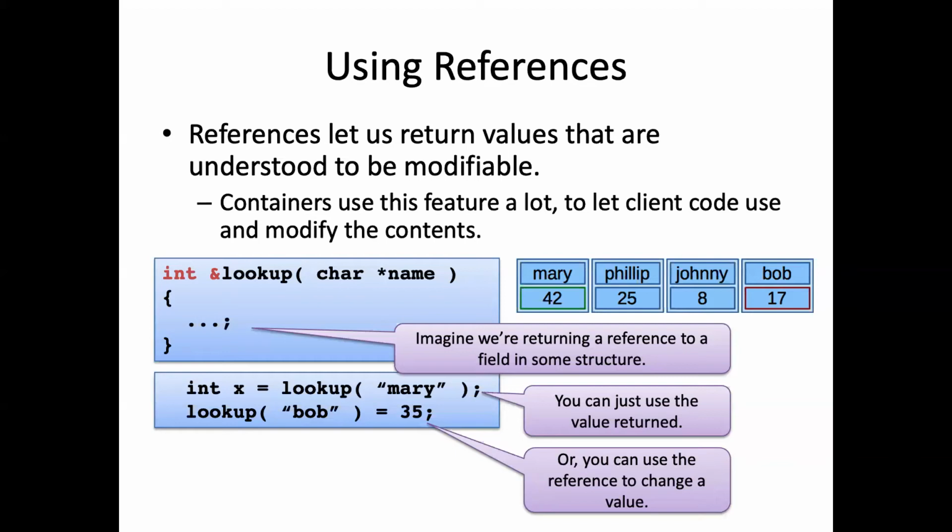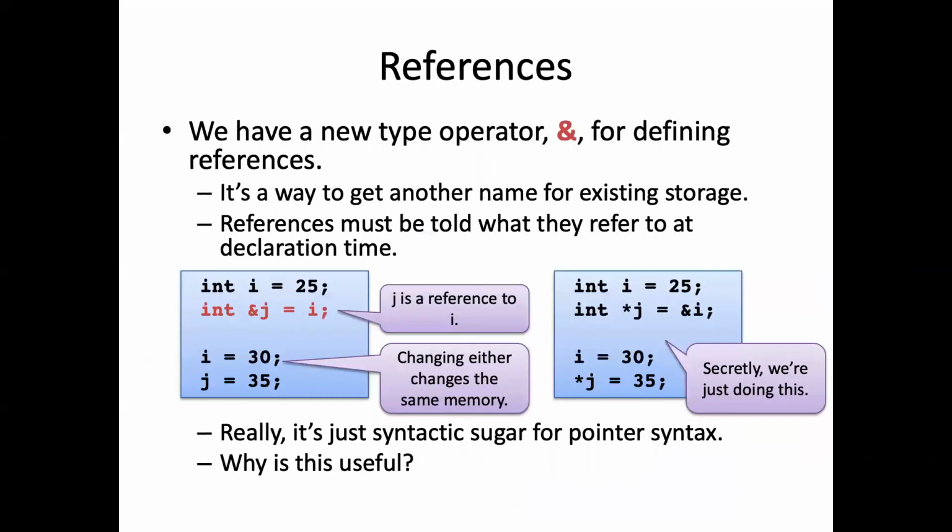So internally, references are implemented the same way we would have with pointers. But they tried to make their syntax work as if they're just another value of whatever type they refer to. So I think if you said sizeof on a reference, like backing up a slide or two, here's our first slide on references.